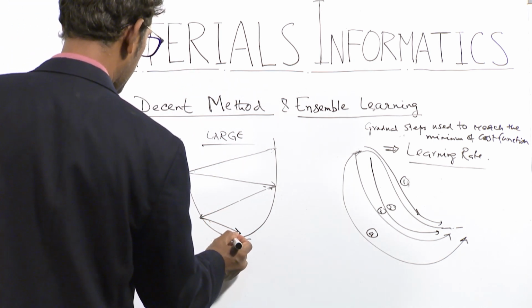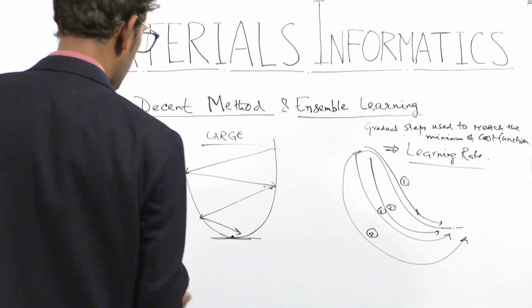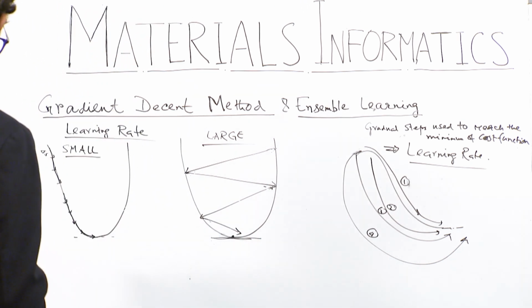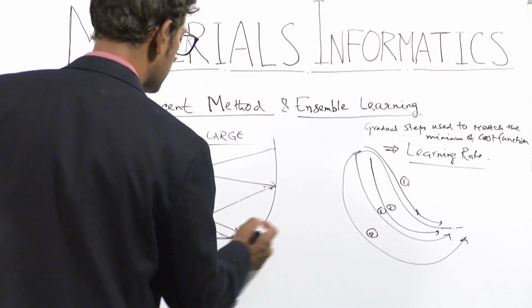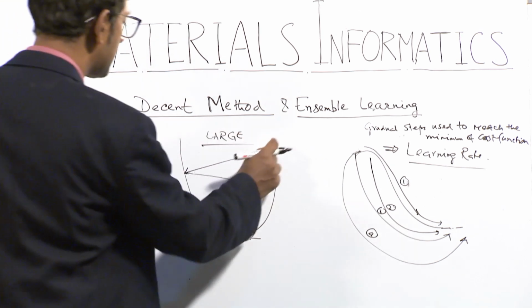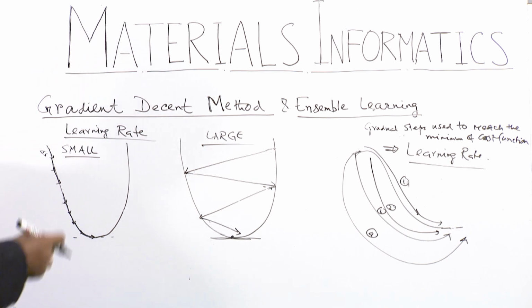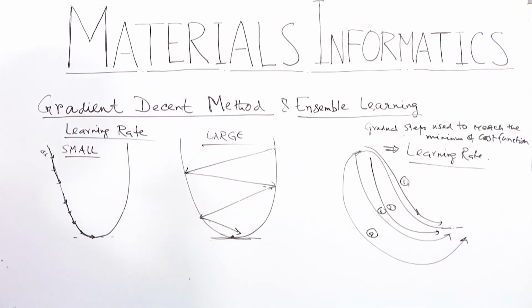The minimum point is here, you can see, but it has overshot the minimum of the cost function without even settling, correct. So, this is the key challenge. If you use a very large step, you may reach fast, but you may overshoot this point. You may not reach that error point at all, you will overshoot it or reach after that or before that. That is the key challenge.